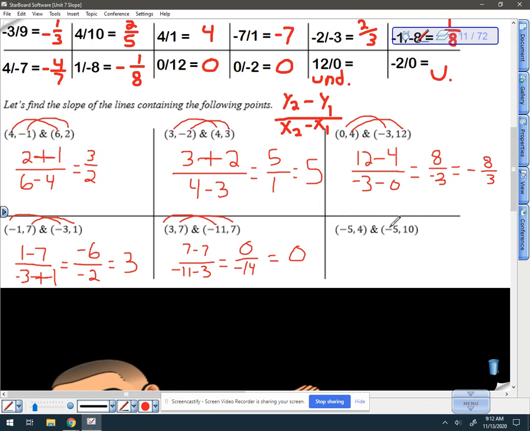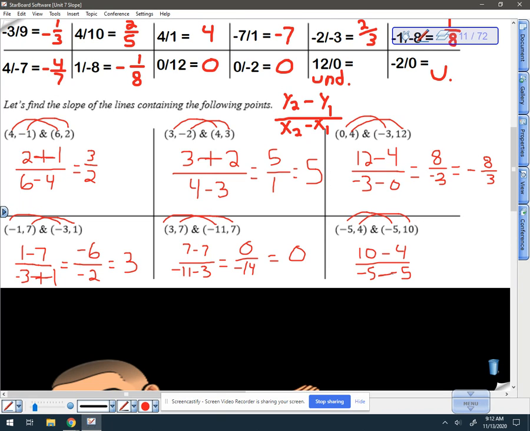And then our last one, take our y2 minus y1. So our second y is 10 minus the y from our first point, which is 4, over top of our x from our second point minus our x from our first point. So negative 5 minus negative 5. Make sure you wrote that correctly. We have negative 5, and then you subtract your first one, which is negative 5.